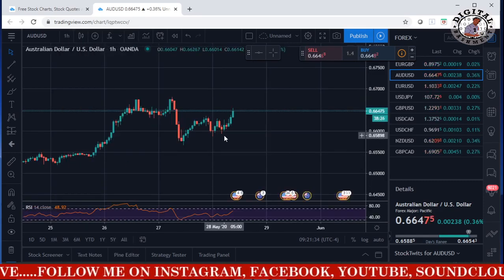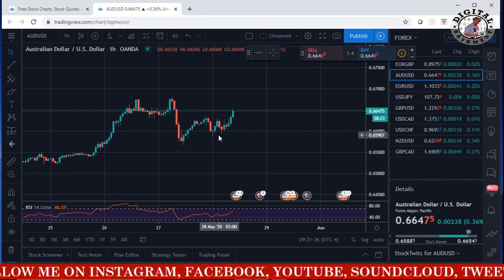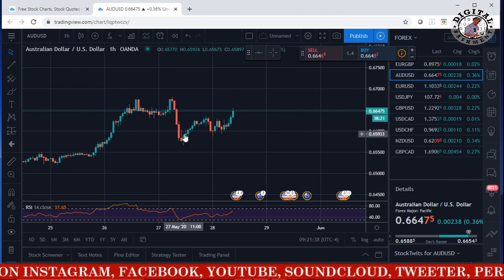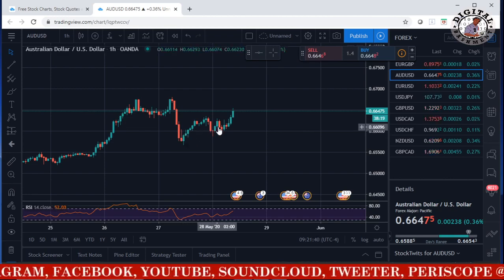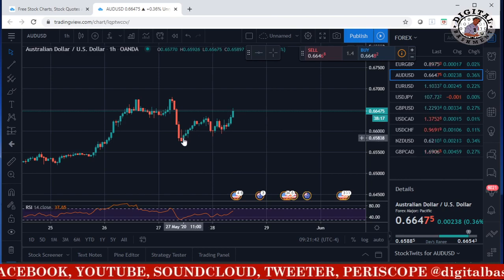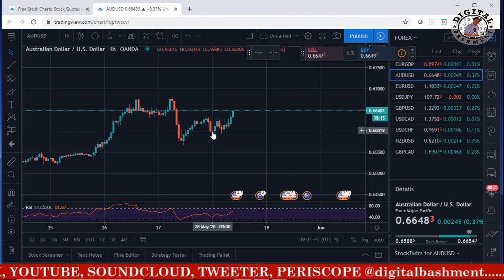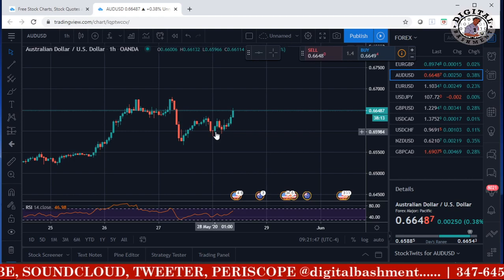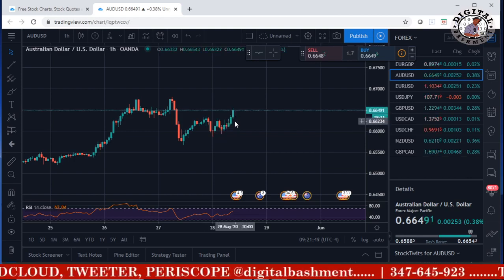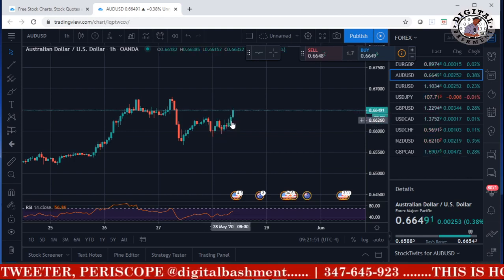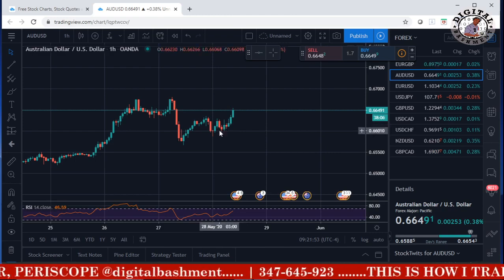So again, 1 hour trend. From yesterday, been going up, take a dip here, been going up. Alright, so 1 hour, 2 hour, 3 hour, 4 hours.